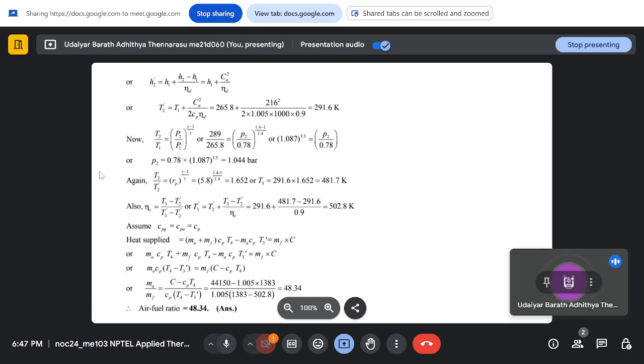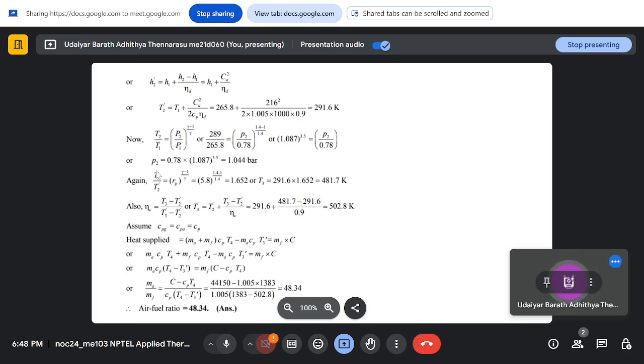Next, again if you see across the compressor, the pressure ratio is given. I know the compressor inlet temperature now, that is the exit temperature of the diffuser, so I can estimate the exit temperature of the compressor. So T3 by T2 dash is the pressure ratio raised to power gamma minus 1 by gamma, and the pressure ratio is 5.8.